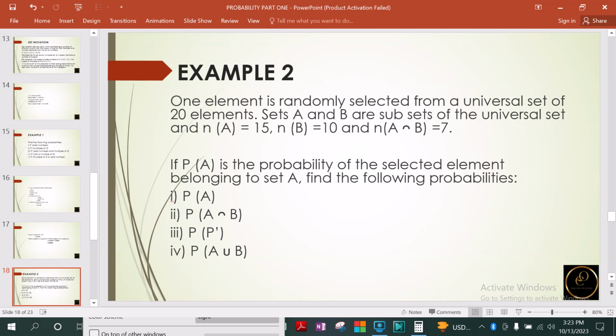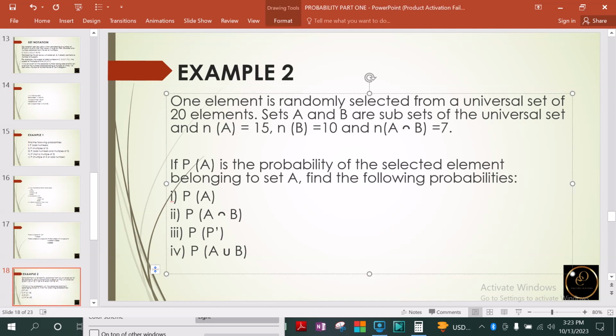So what do we do in this particular case? Okay, here it is a question of us determining the cardinality. We are told that the number of items in A is 15, out of the possible outcomes in the universal set, 20. So it's very easy to calculate.